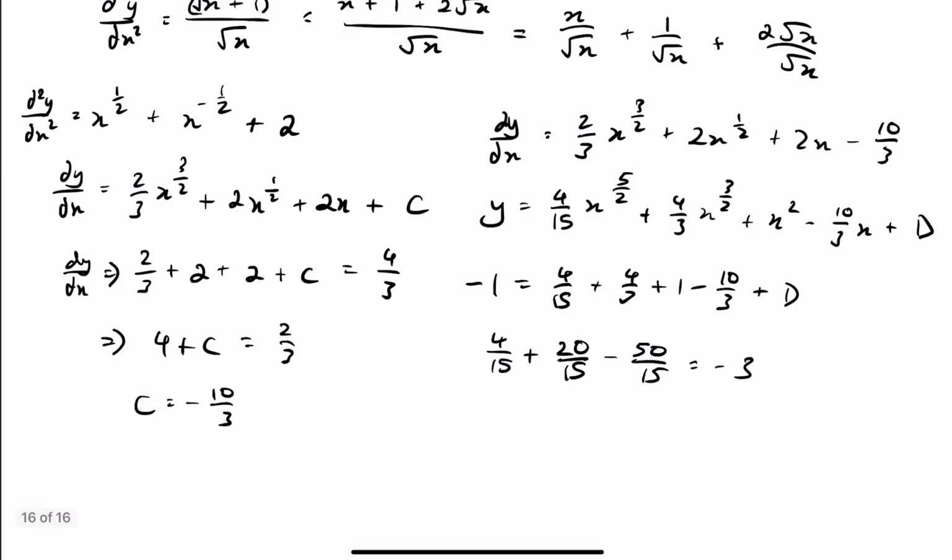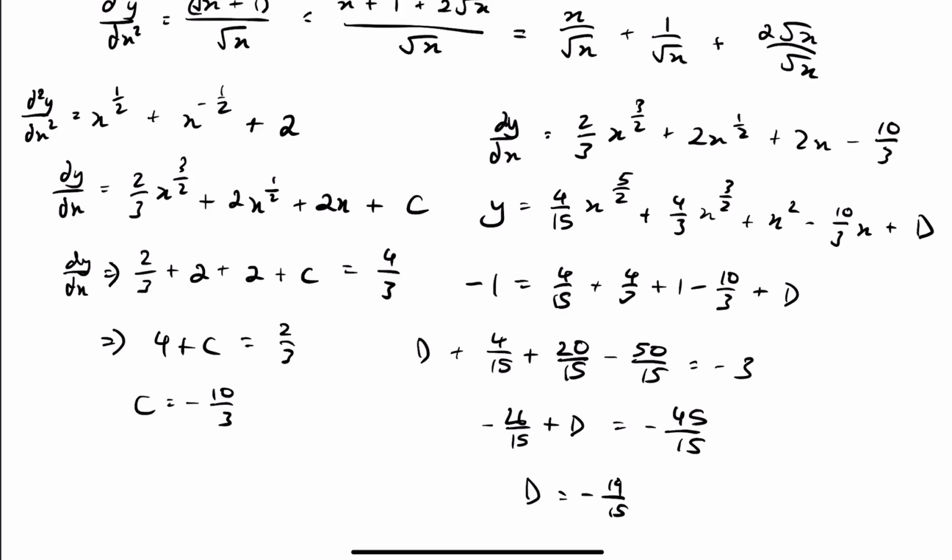So we got 24 minus 50, negative 26, plus d. So plus d will be here. Negative 26 over 15 plus d is equal to negative 3. And we know negative 3 is the same thing as negative 45 over 15. So therefore d has to equal negative 19 over 15.